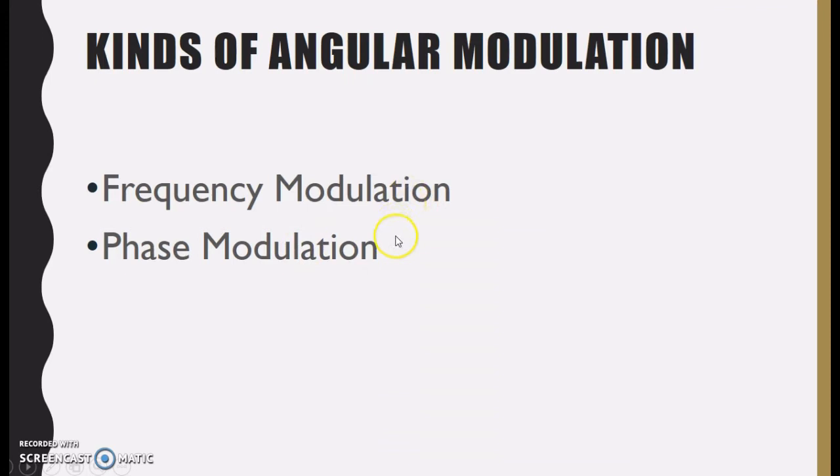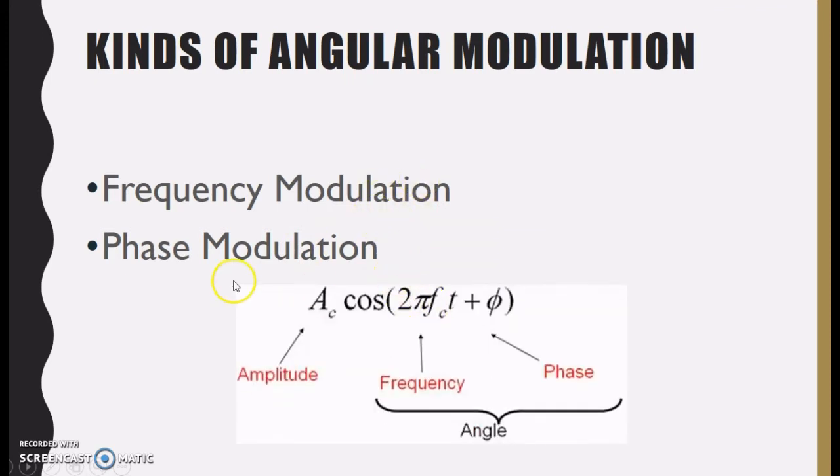To distinguish one from another, we have an example equation of a wave here. The wave signal equation consists of A, the amplitude, and this whole term here, the angle. The angle consists of this term, which is 2 pi ft, where f stands for frequency. If we will be varying this part and keeping this t and A constant, that will be called frequency modulation.